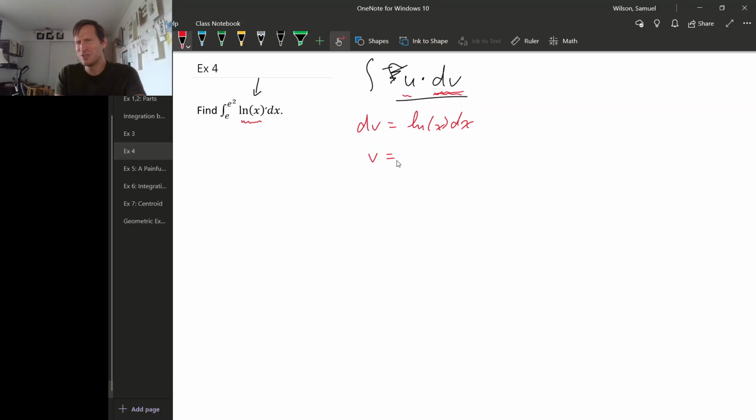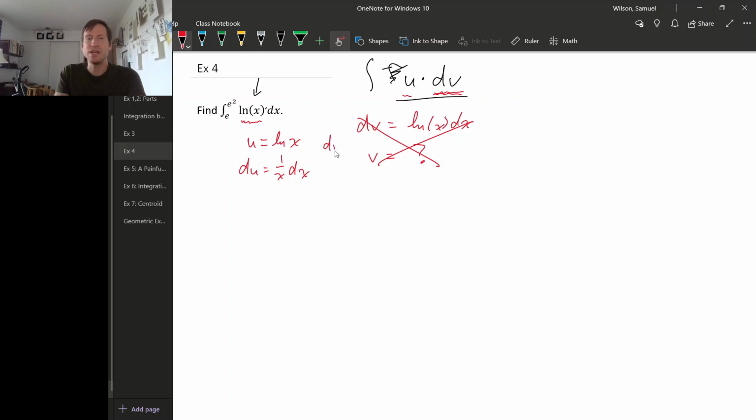So we would have to know an antiderivative for natural log x, but that's what we're trying to figure out. So we can't do it that way, because that's sort of circular, right? That brings us back to the original problem. So this natural log x must be part of u. So u is natural log x. That means du is 1 over x dx.